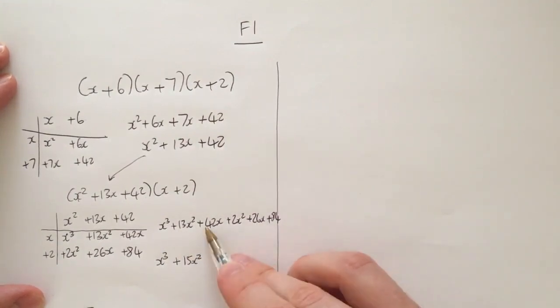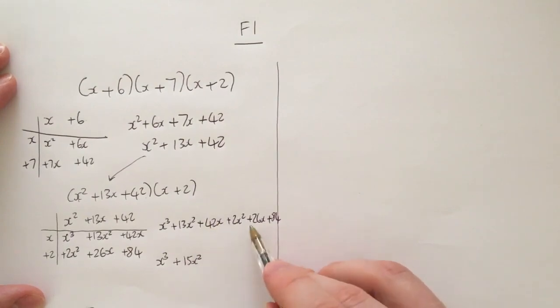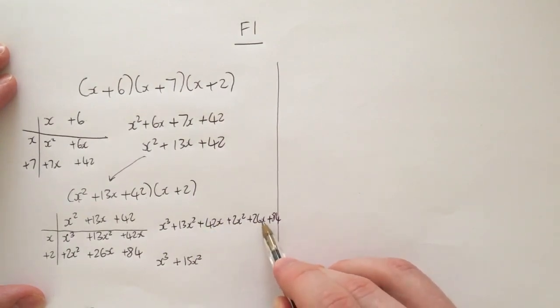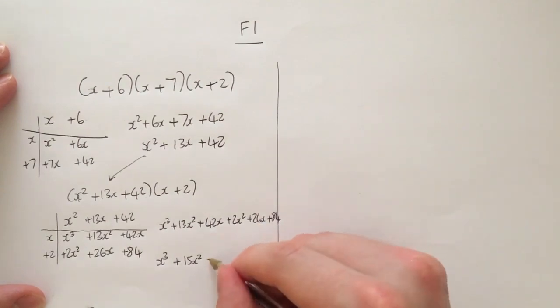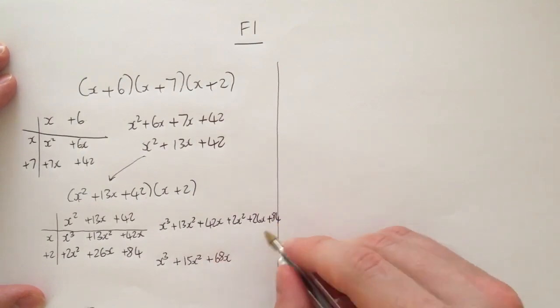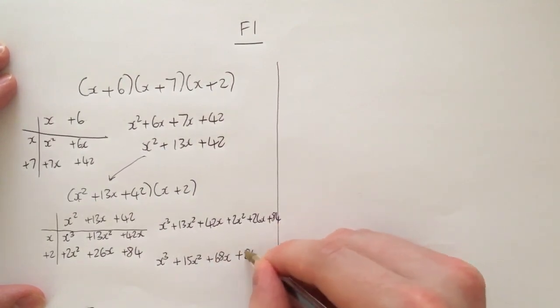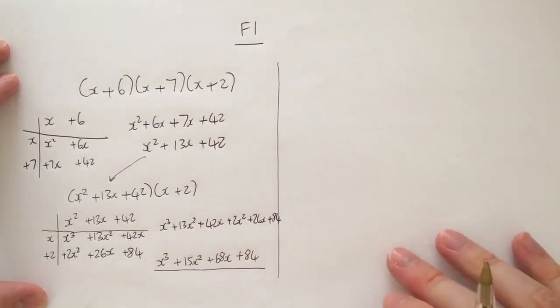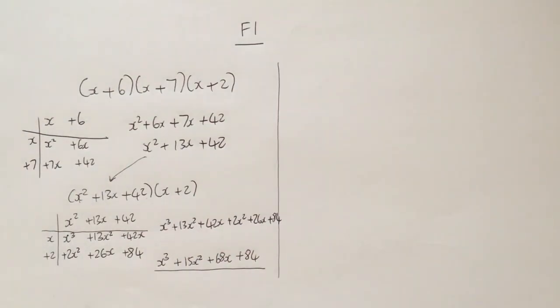Yep, right here. So it'd be positive 42x plus 26x, which is 68, I believe, plus 68x, and then the only one left over is the 84 by itself. Therefore, that would be the final answer.